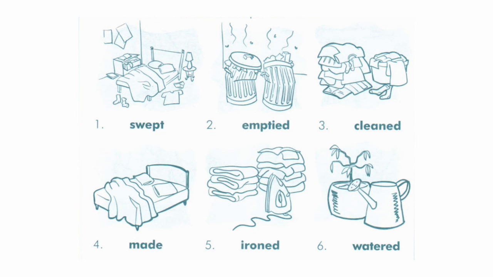Of course, I cleaned them just last month. Of course, I made it just last month. Of course, I ironed them just last month. Of course, I watered it just last month.